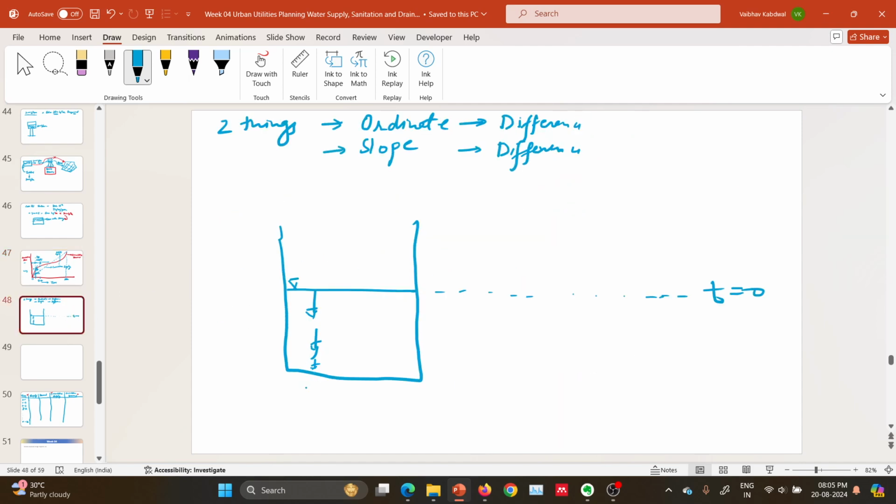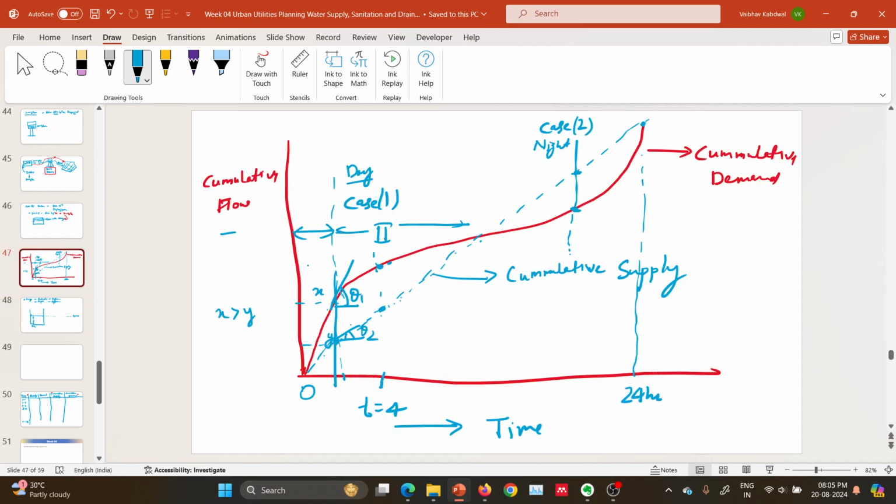In phase 1, theta 1 is greater than theta 2. In phase 2, theta 1 is less than theta 2.